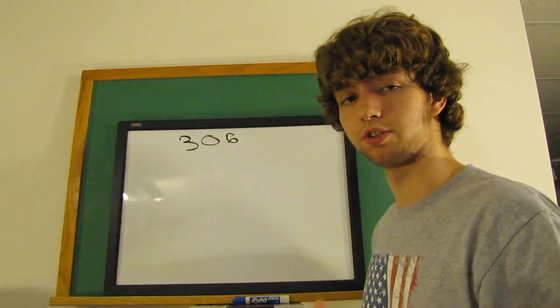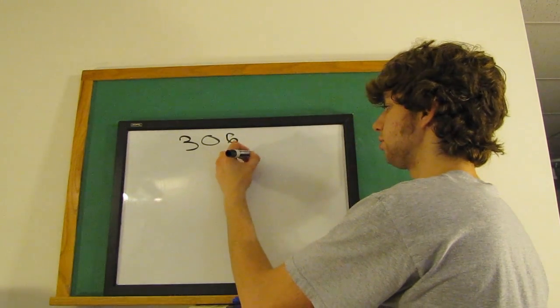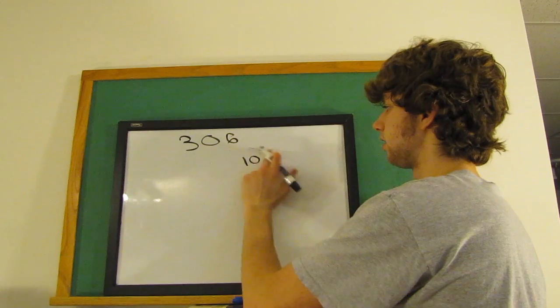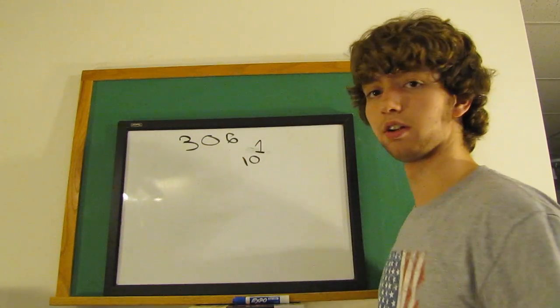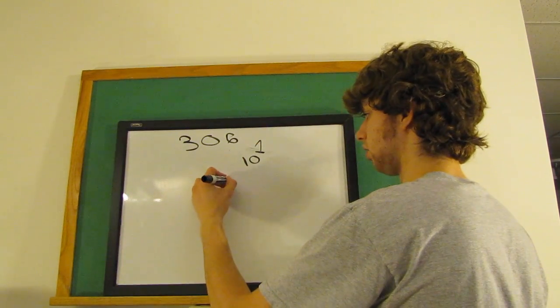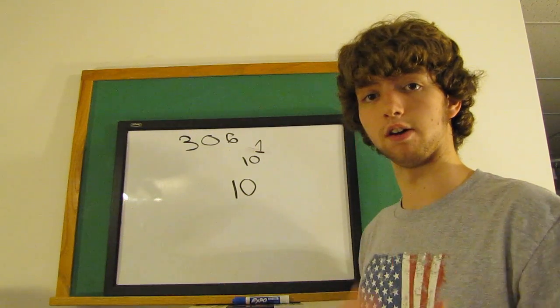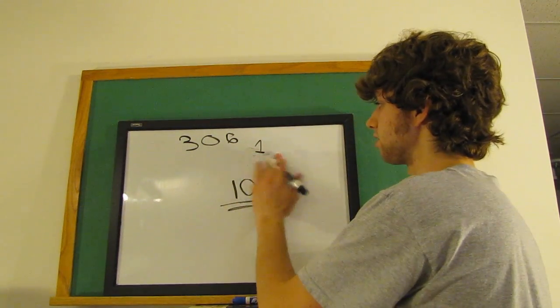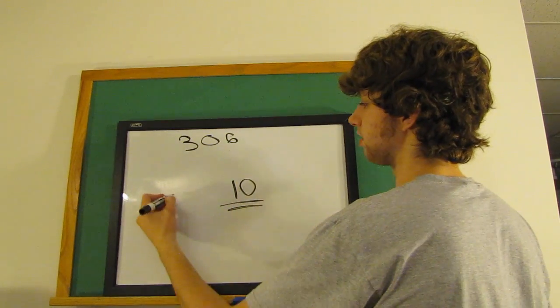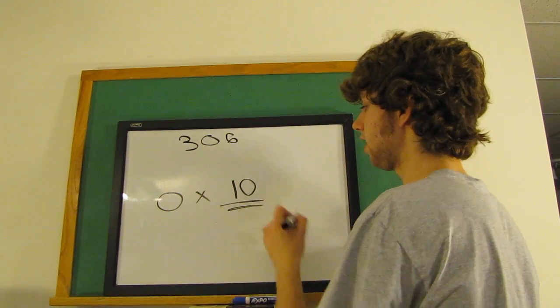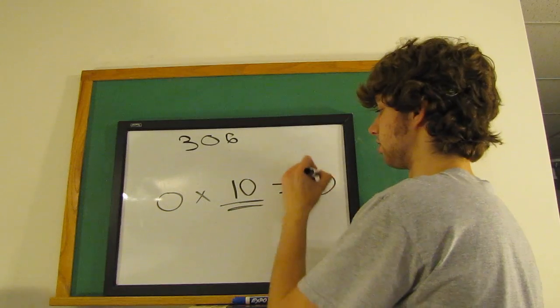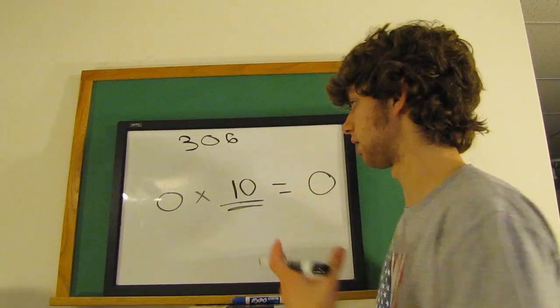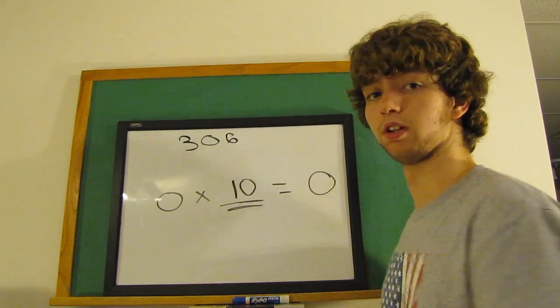Well, now we're not at 10 to the 0th anymore. We are at 10 to the first power. That's basically just saying 1 copy of 10. So now we have 0 times 10, which is equal to 0, because if you multiply something by 0, you get 0.